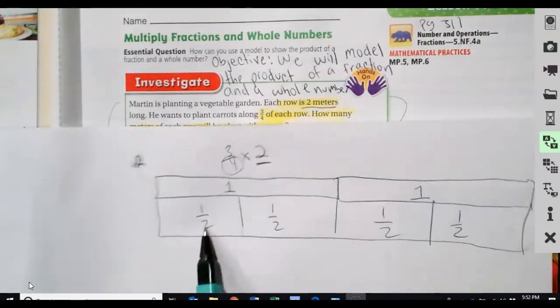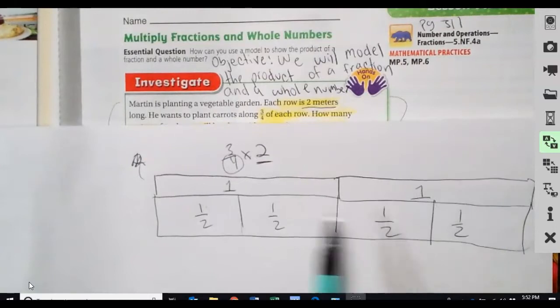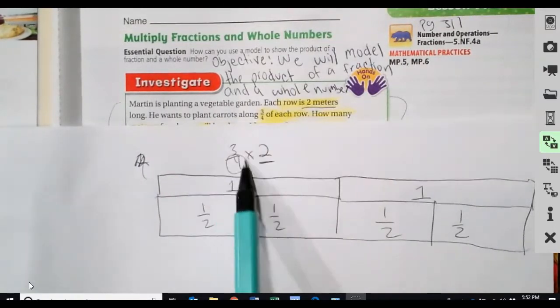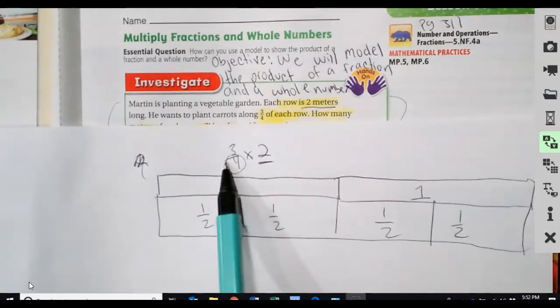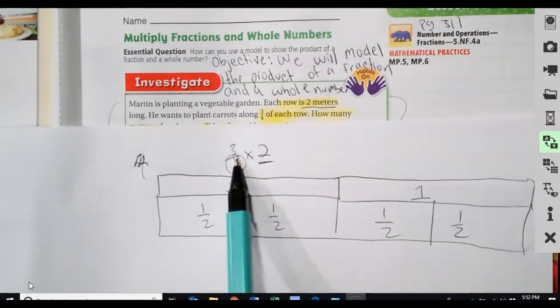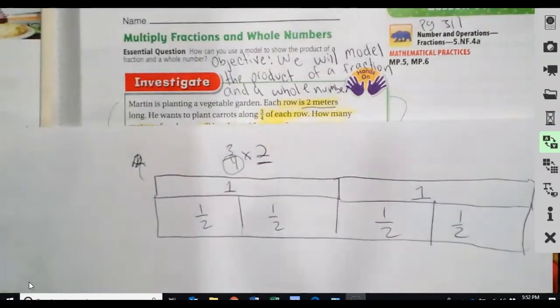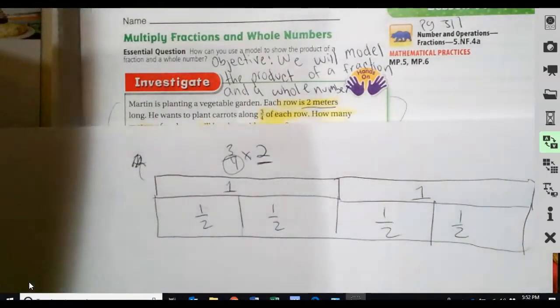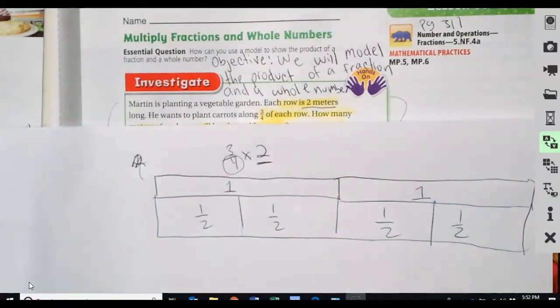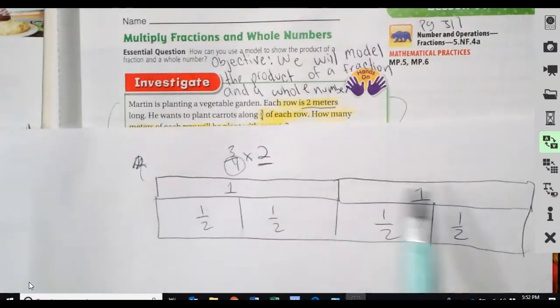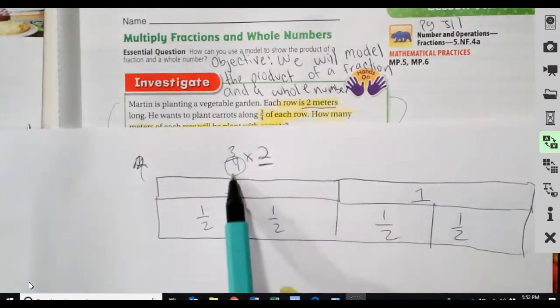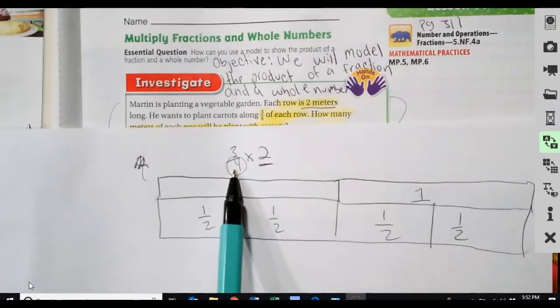Okay, I divided into 4 pieces, 1, 2, 3, 4, because I needed to have it in groups of 4. So this goes back to yesterday's lesson, Friday's lesson, which we did a little different by drawing arrays or doing our different groups. This is the same idea. I'm dividing my whole number into the 4 groups.